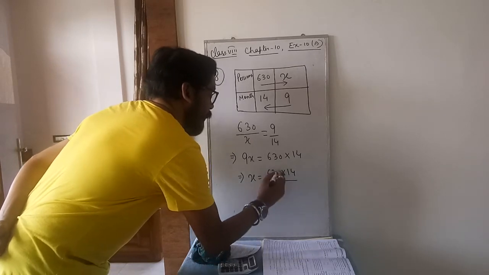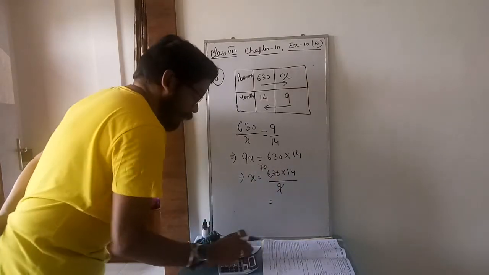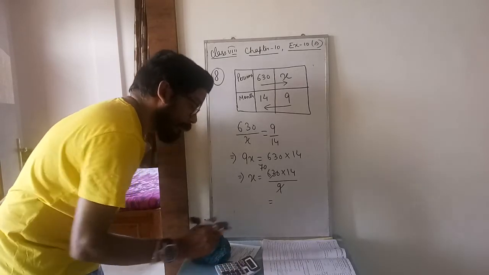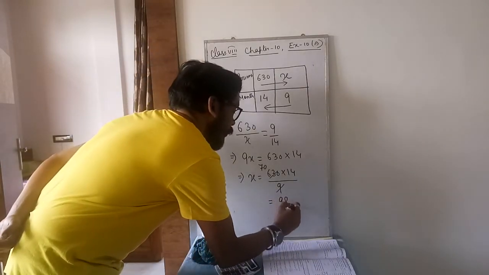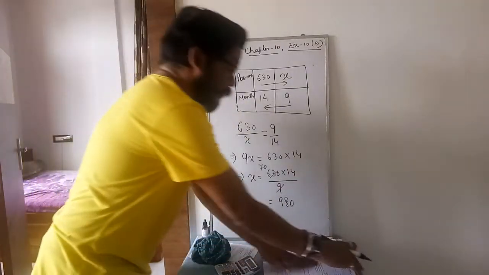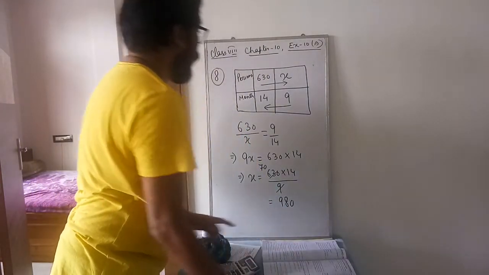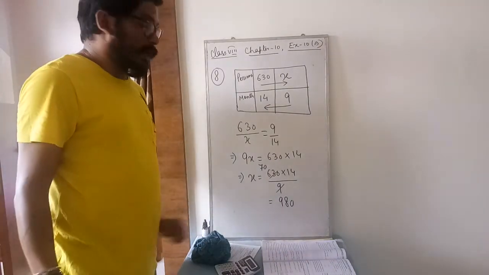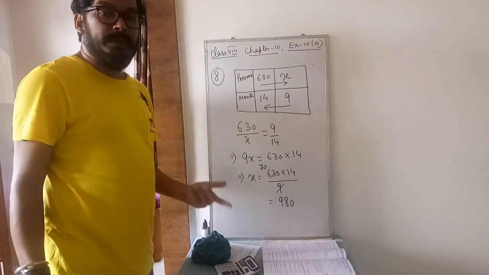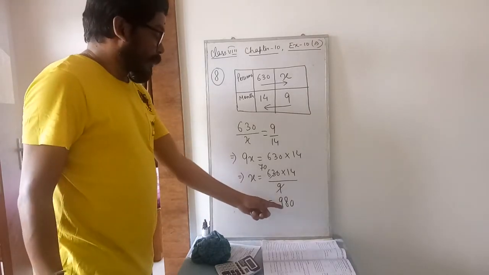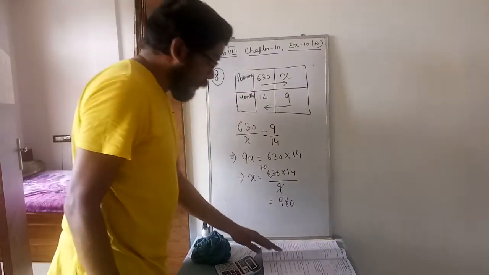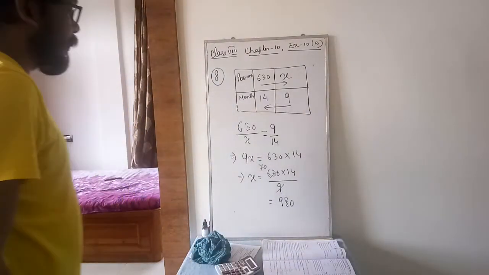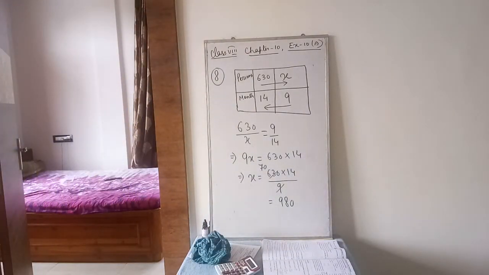If you cancel it, it is 70 into 14, which is 980. Earlier it was 630, now it is 980. So how many persons are you increasing? If you do subtraction, 980 minus 630, because they have asked how many extra persons had to be employed. Take the screenshot. I will rub the upper part.